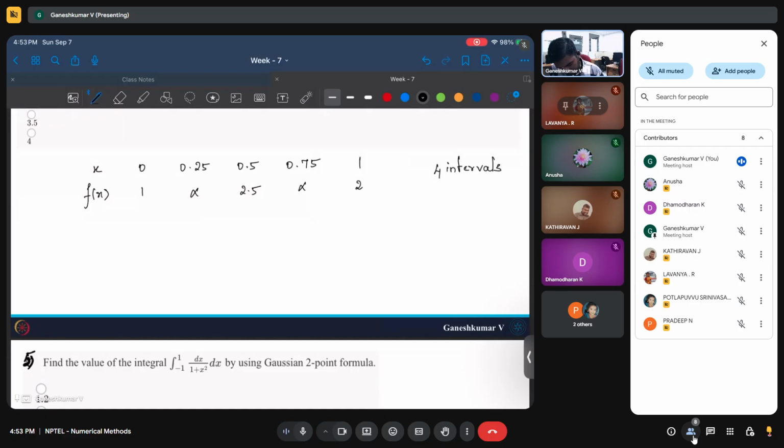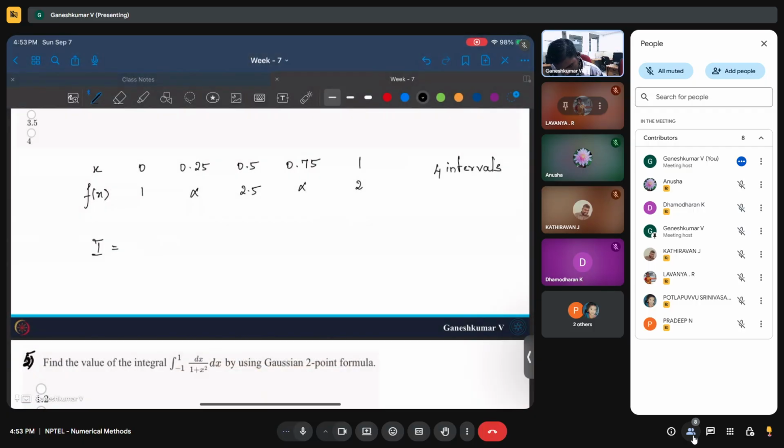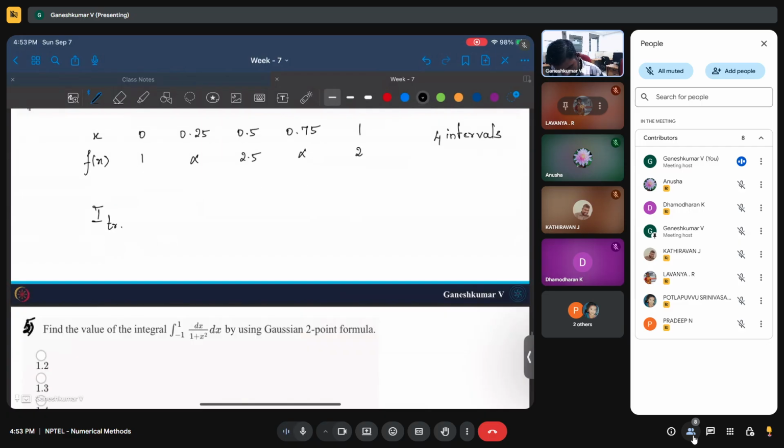We were asked to find this integral, and now if you use the trapezoidal rule, it's going to be h by 2 into f of x naught plus 2 times f of x1, f of x2, plus f of x3, and finally you have f of x4.